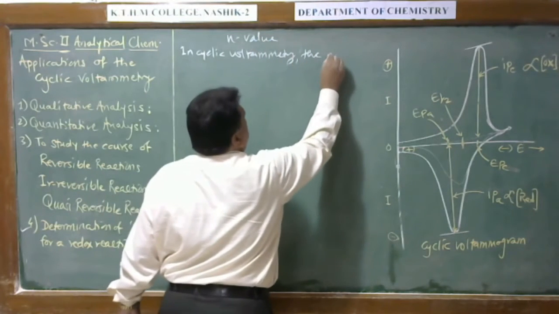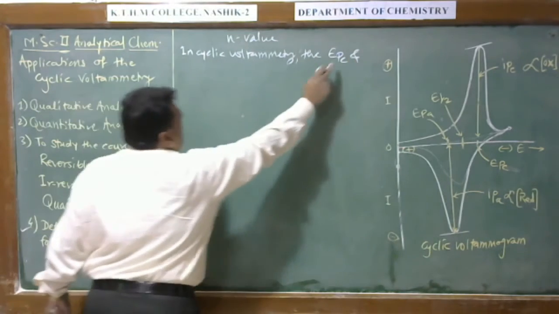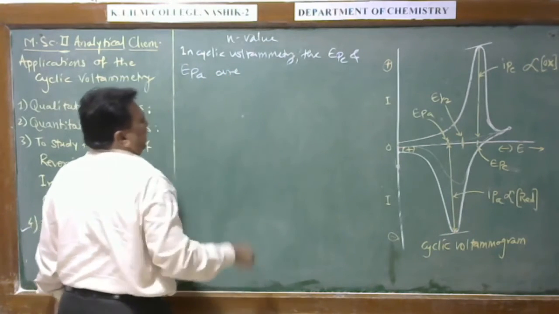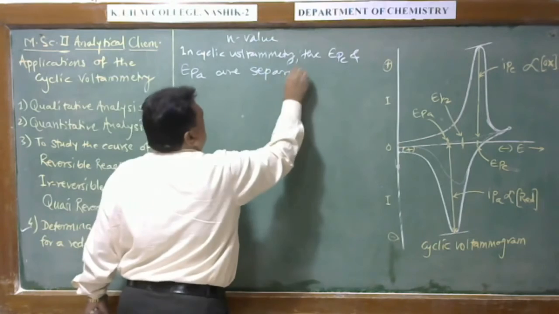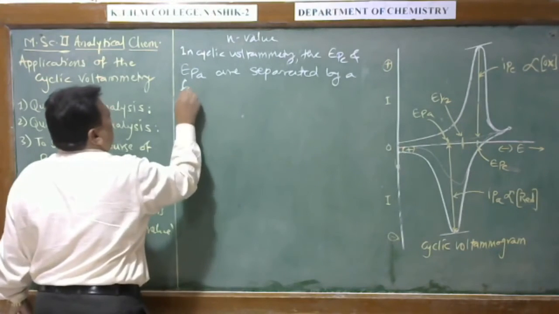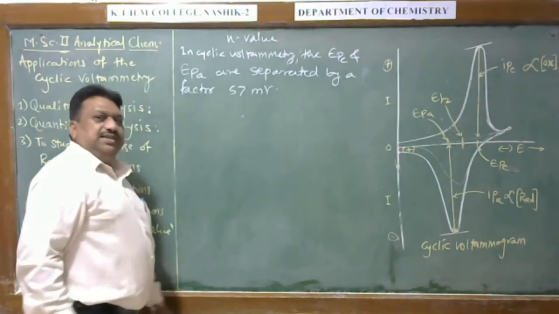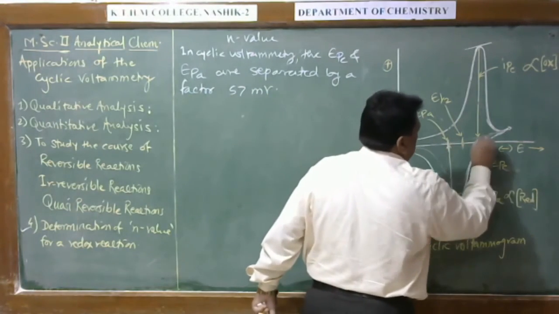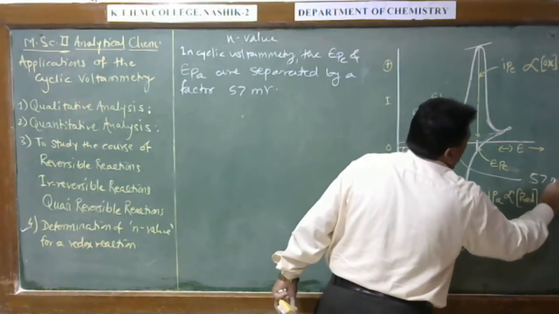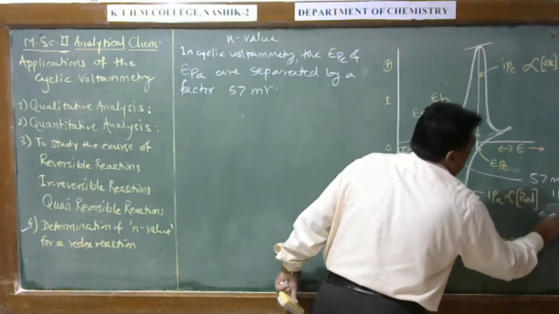In cyclic voltammetry, the EPC, that is cathodic peak potential, and EPA, anodic peak potential, are separated by a factor of 57 millivolt. This 57 millivolt is the separation from this point to this point, which is equal to 0.057 volt.